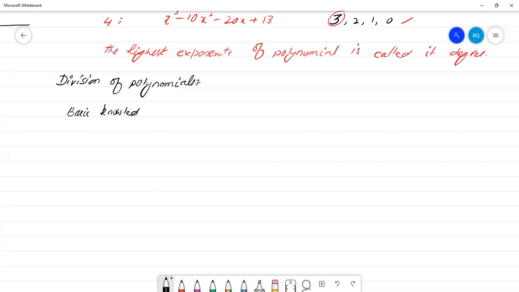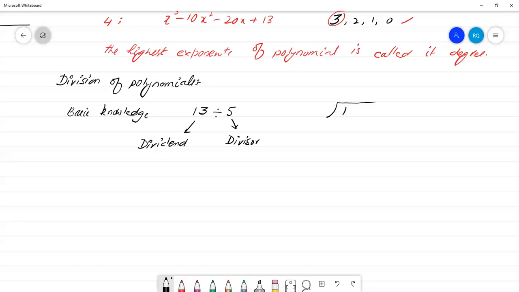We know that whenever we are dividing one number by a second number, suppose 13 divided by 5, in the process of division, the first number, which is being divided, is called the dividend. And the second number, by which we divide, is called the divisor. This process you are already very familiar with from class 3, 4, 5.